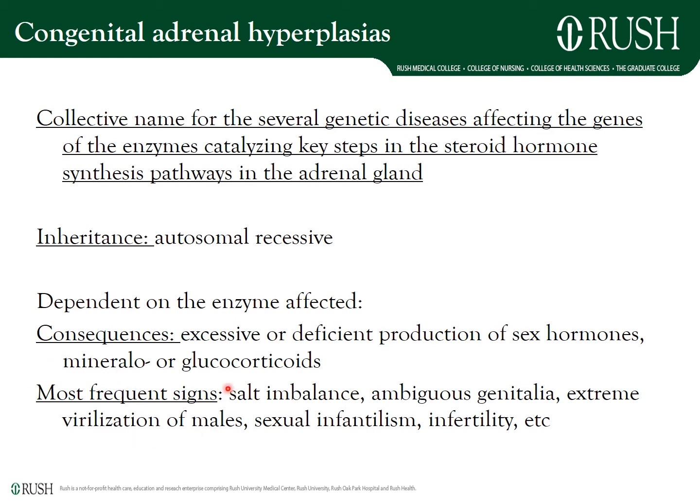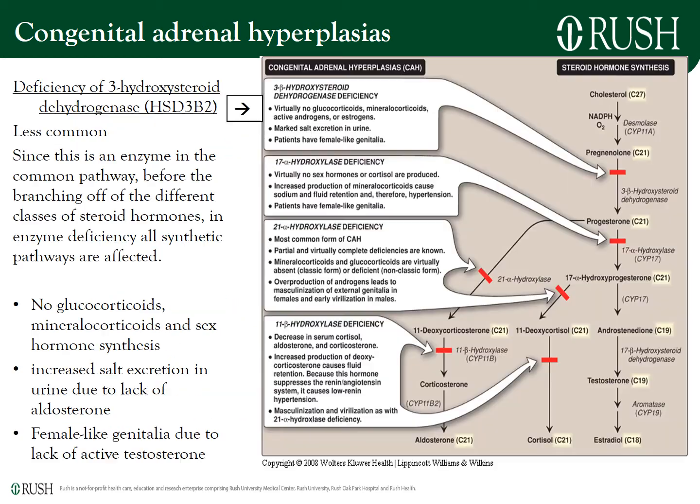The most frequent signs, again depending on which enzyme is affected, are salt imbalance due to mineralocorticoids, ambiguous genitalia, extreme virilization of males, sexual infantilism or infertility, mainly due to sex hormone synthetic pathway inefficiencies.